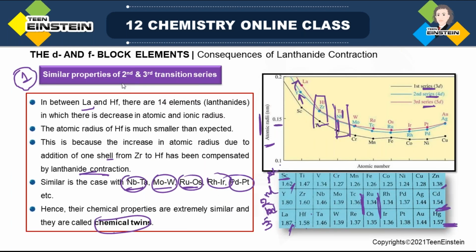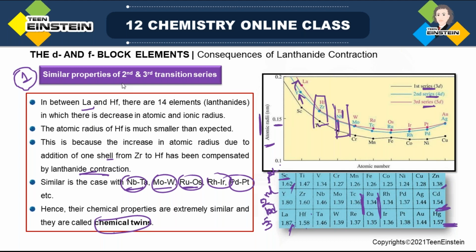In this slide, what we have discussed is that for the second series and third series, the sizes are almost the same. Now, when sizes are almost the same, that means the volume is almost the same. So for all these chemical twins, niobium, tantalum, molybdenum, tungsten, ruthenium, osmium, all these pairs will have the same volume.